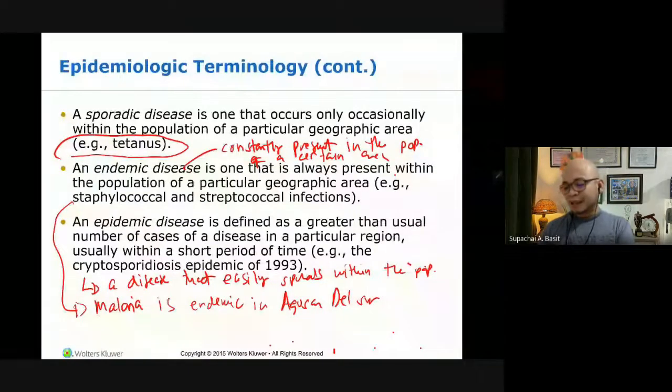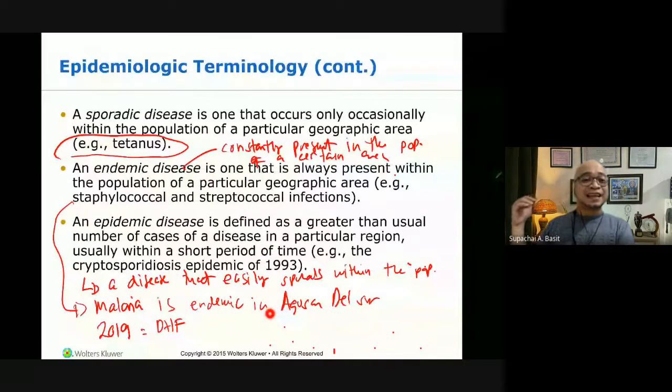In 2019, the local government of Dasmariñas declared a state of calamity. The reason for that state of calamity is because dengue hemorrhagic fever cases were high, exceeding the endemic case count.